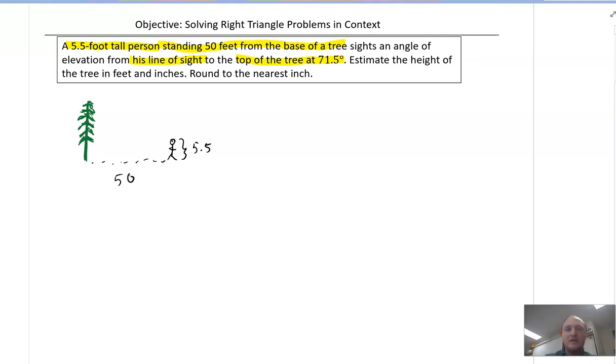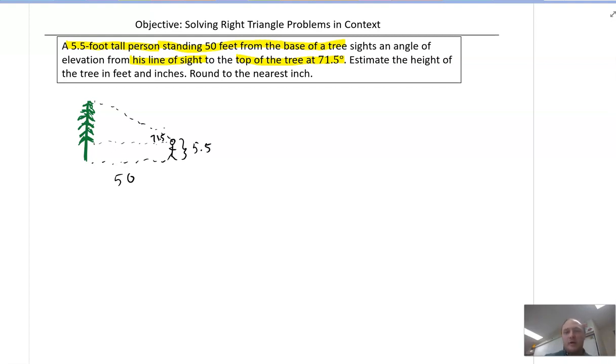Okay, sights an angle of elevation from his line of sight to the top of the tree. So here's the top of the tree. Here's his line of sight, at 71.5. That looks a little low to be 71.5. I think my tree needs to be taller, but it will do.